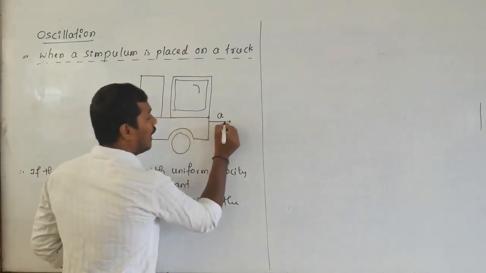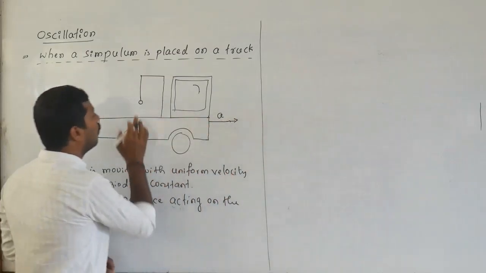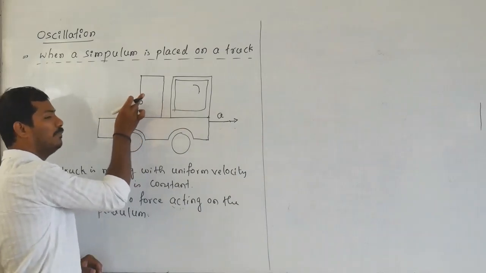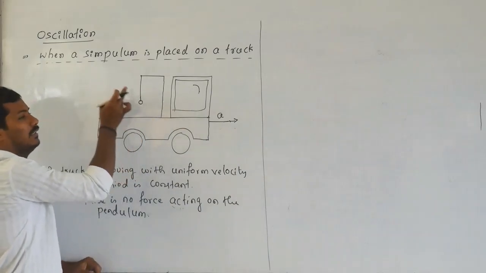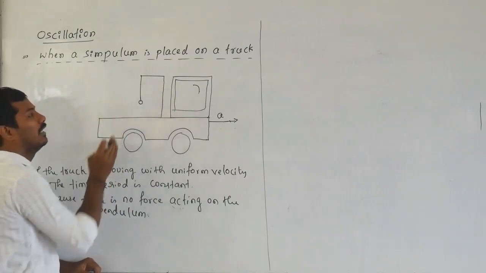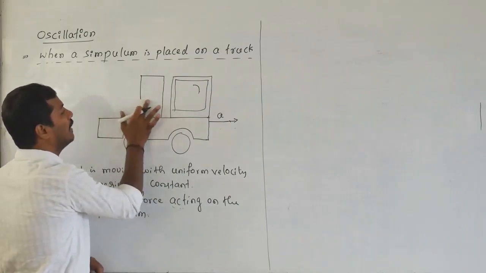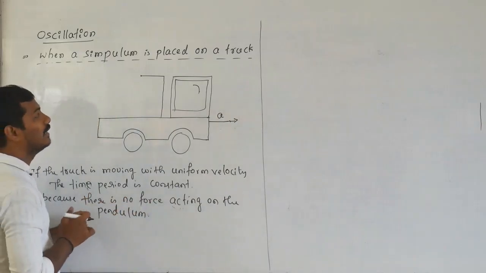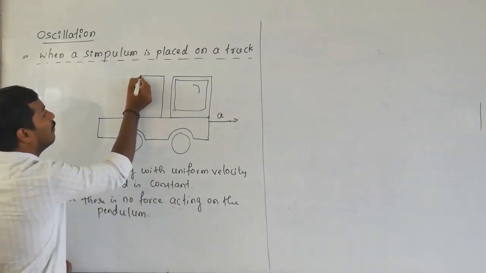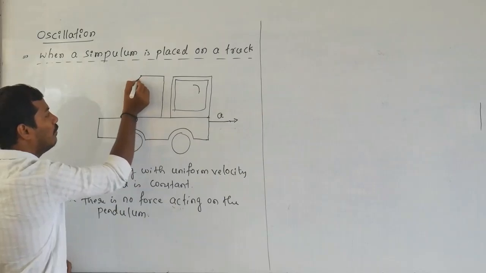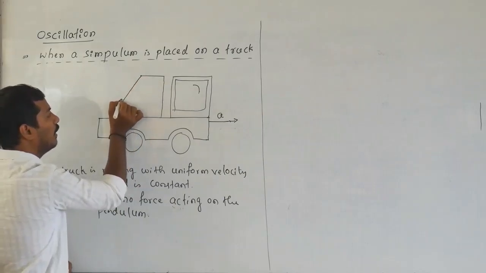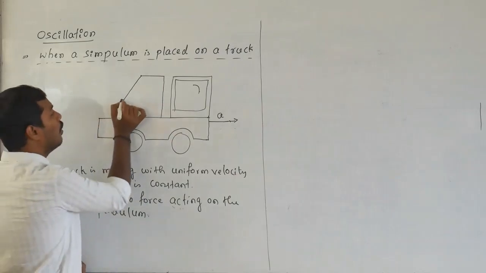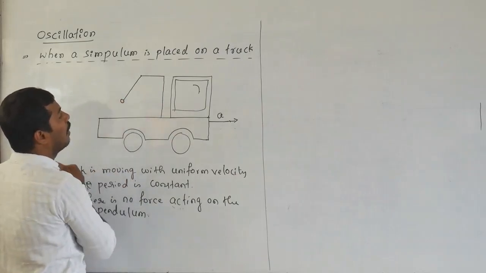If a certain acceleration is acting on this pendulum, it changes its position. From its mean position, it is displaced like this. When it is moving with a certain acceleration, the pendulum gets a new position like this.